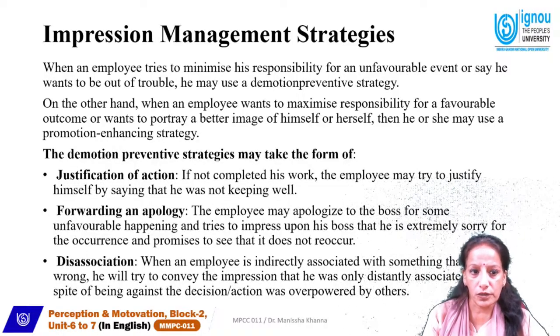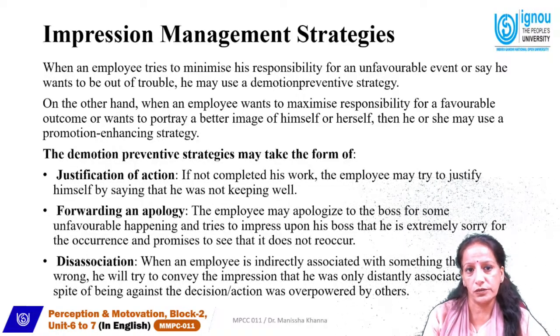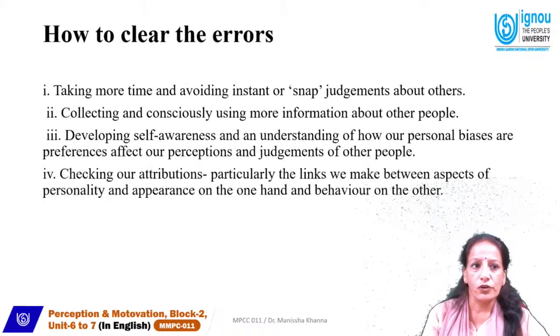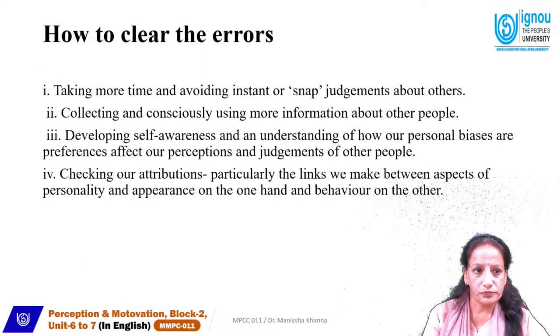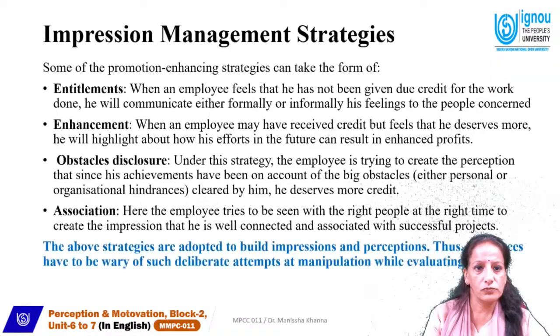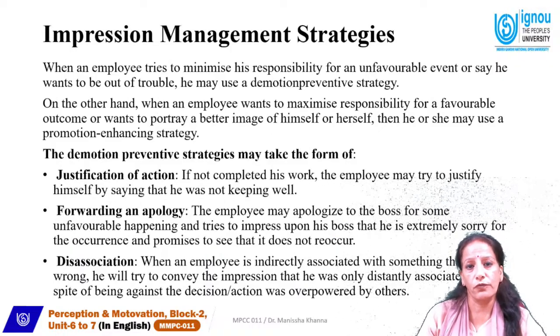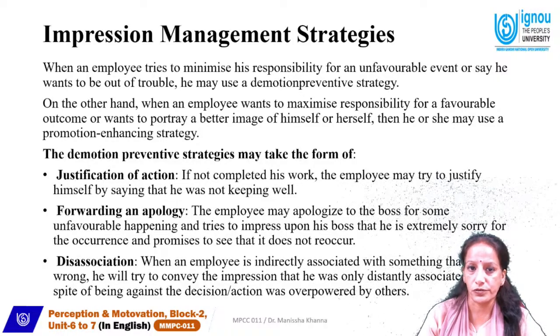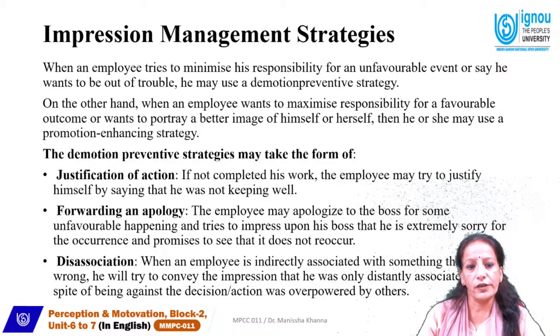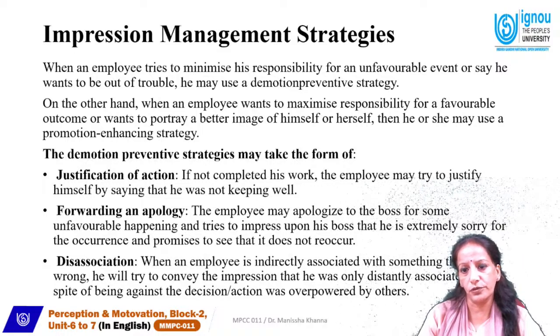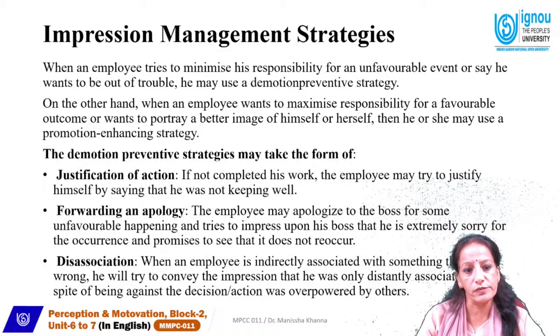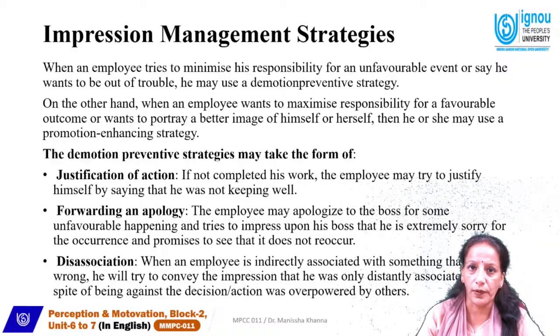So there are certain demotion prevention strategies that may take the form of justification of action, forwarding an apology, and disassociation. Justification of action is, if the employee has not completed the work, he may try to justify himself by saying that he is not keeping well.